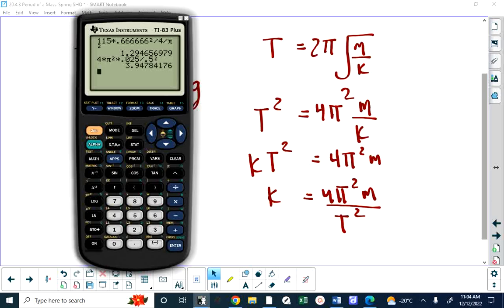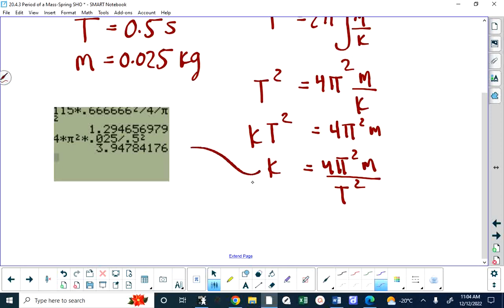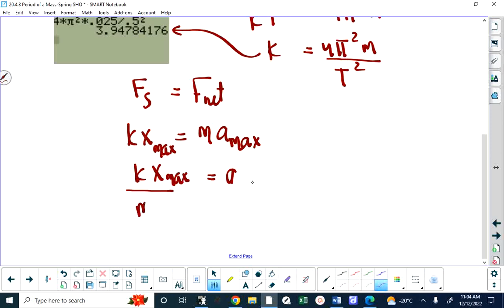This is k. Now that I know what k is, I can say that the spring force equals the net force, and if I make this as large as possible, this is as large as possible. Were we after the acceleration? Okay. So the maximum acceleration will be the force on the spring over the mass on the spring.